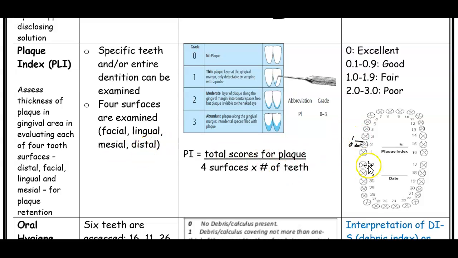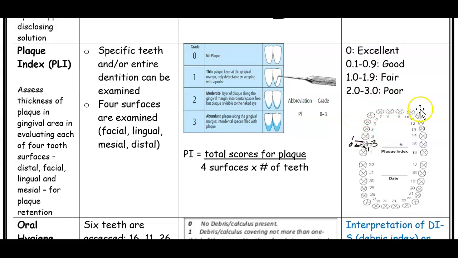And when you do this, you could do the entire dentition, or you could just do some surfaces. So let's look at the lingual here, and on the lingual, it was really bad. I'm going to give it a score of 3 because there was lots of plaque, abundant plaque. And then on the distal, let's do 1. It was just a thin layer of plaque.